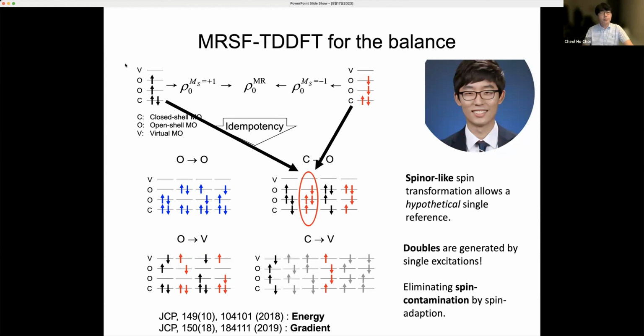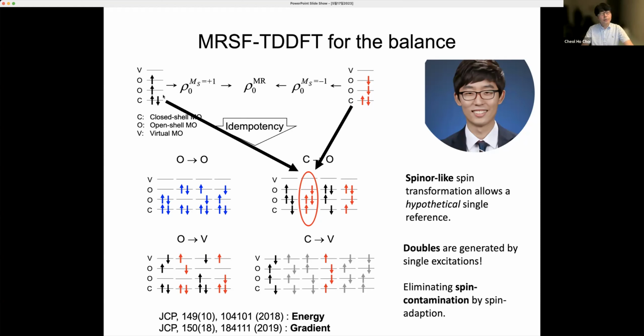Let me first tell you why there's a spin contamination problem. Spin-flip TDDFT starts with the high-spin triplet reference here that generates all these configurations except the red ones here. Because you cannot generate them by single excitation, you have to do double excitations, which is too expensive.